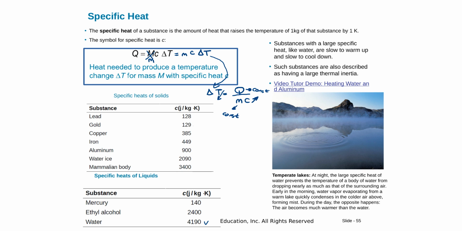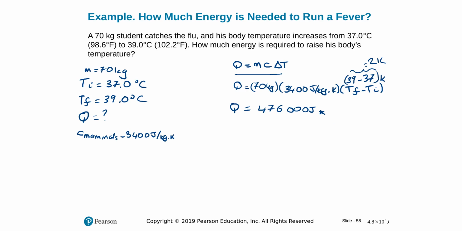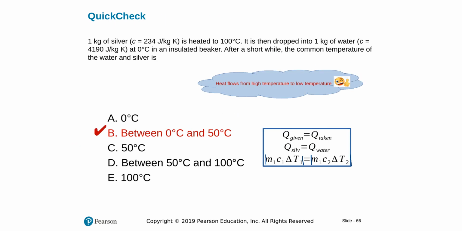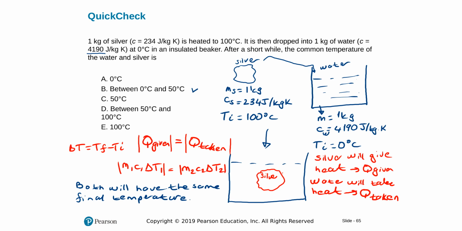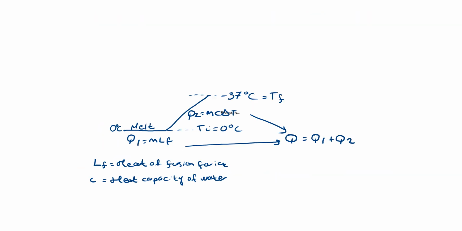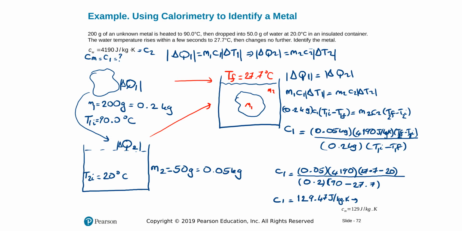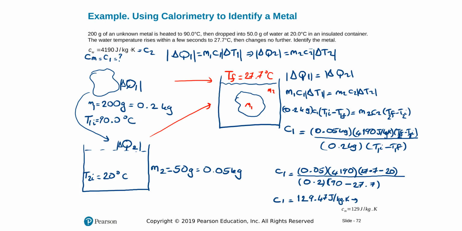So it should be gold. 129.47 is closer to gold, so it should be gold. Okay. So we identify the metal as gold. Alright, let me go back to my question here. Gold.